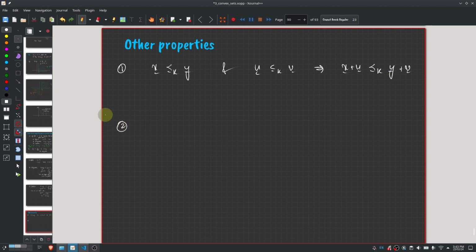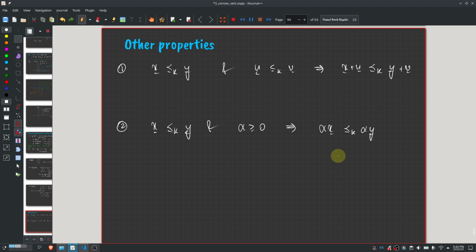Okay, but anyway, try it on your own later. It is only for addition? No. It's also true for non-negative scaling. So suppose that x is less than or equal to y, and let's say alpha is greater than or equal to 0, then alpha x is less than or equal to alpha y.